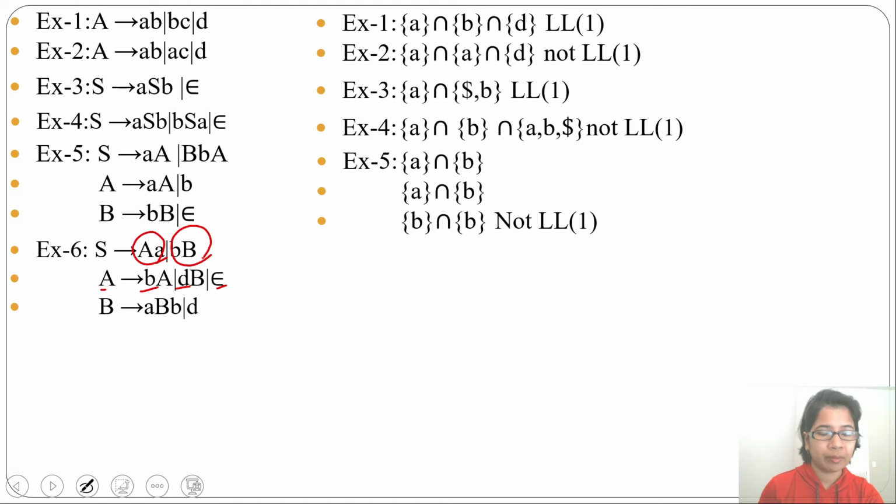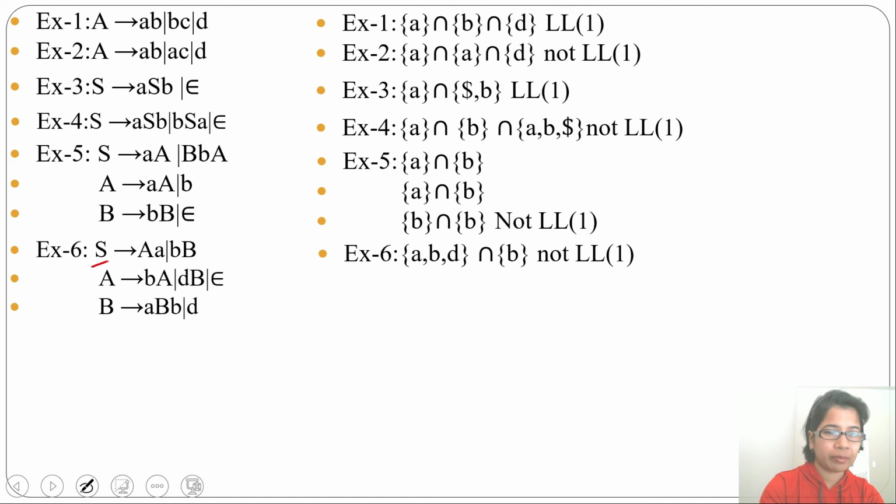It will be B. Now first of this part will be A, B, D and here it is B. B is common, so this is not LL1. First of S will be B due to this plus B due to this. First of A will be B, D and epsilon, so you are getting B also due to this. So B is common, this is not LL1.